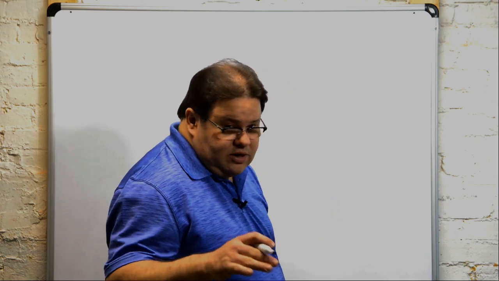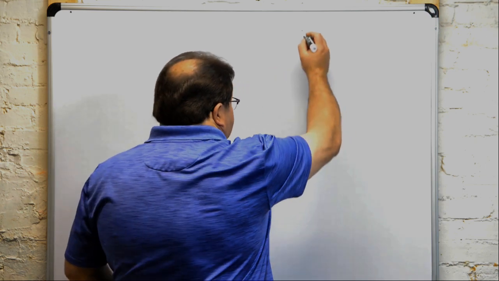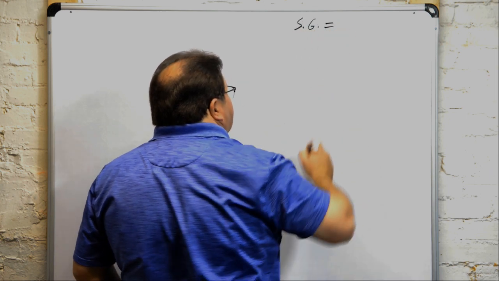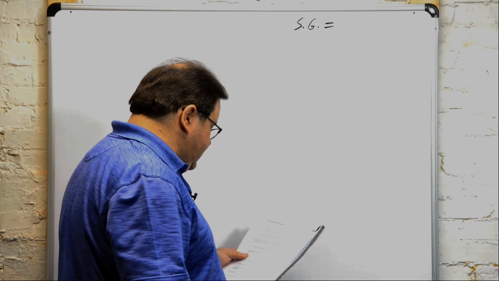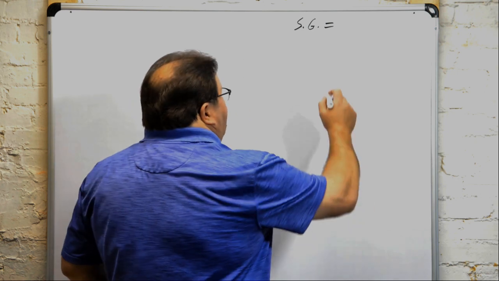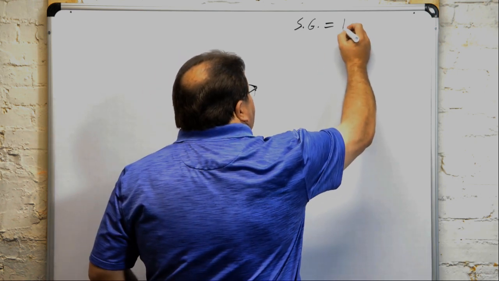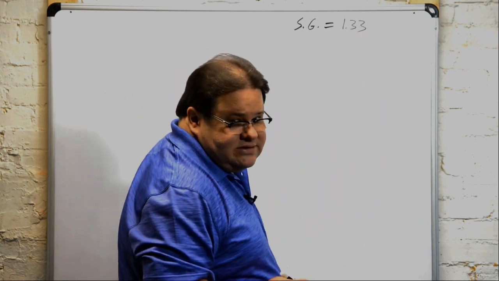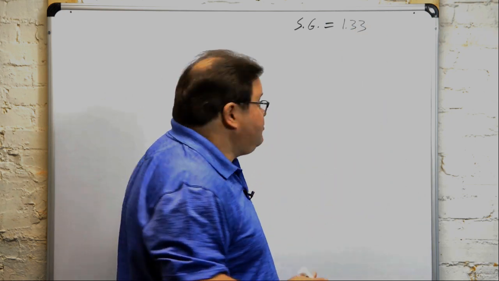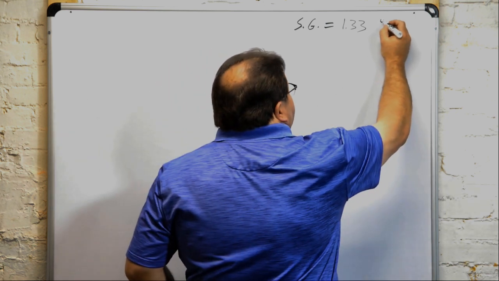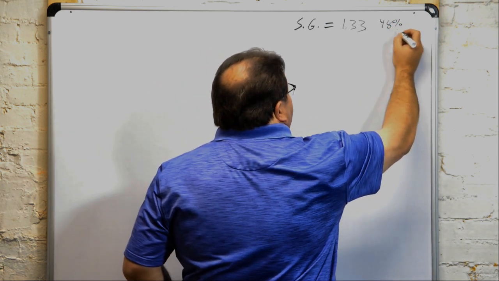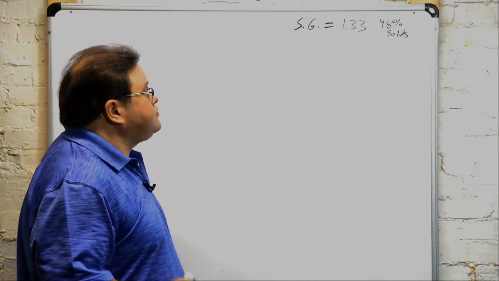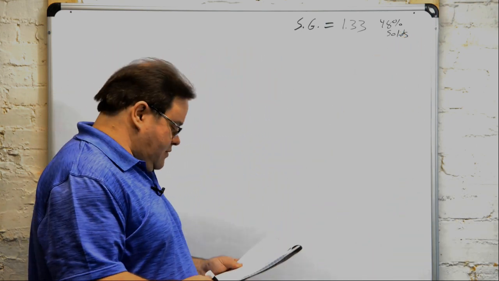The first thing we need to find out is our specific gravity. Let's say for this particular load of aluminum sulfate our specific gravity is 1.33. And then let's say we've got 48% solids. Okay, that's our starting information.